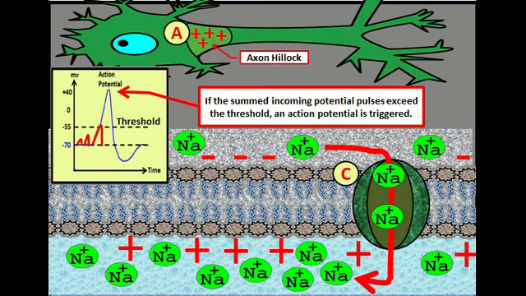If the summation is greater than the threshold of minus 55 millivolts, an action potential is triggered, and through a series of ion exchanges through the membrane, the membrane potential rises to a maximum potential of around plus 40 millivolts.